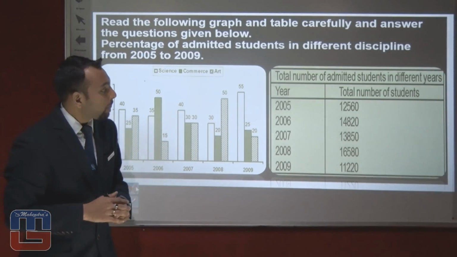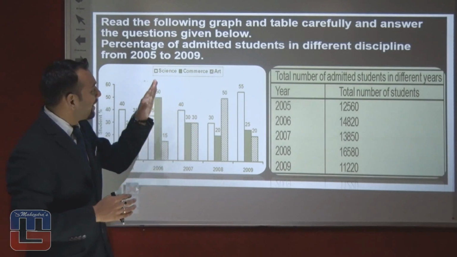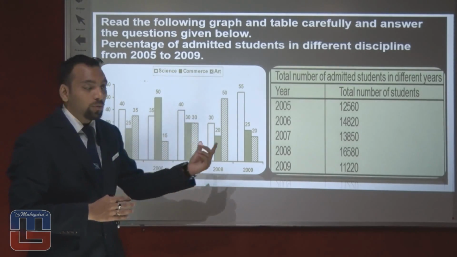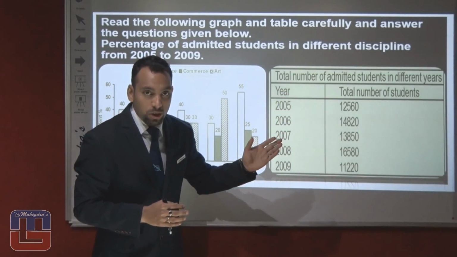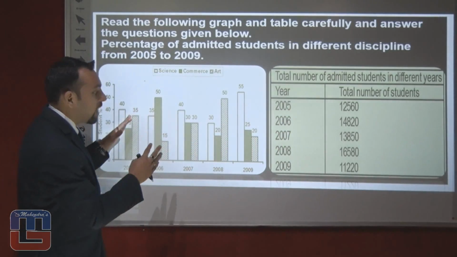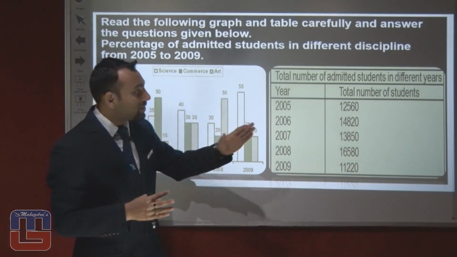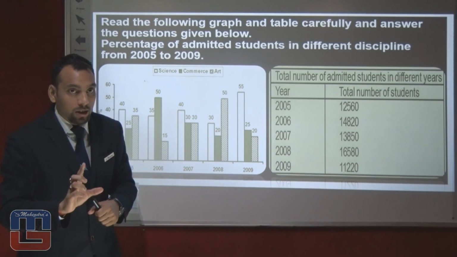How will we solve? Now see, this is the number of students in science, commerce and arts from 2005 to 2009. This graph shows the percentage of students, and this table shows the total number of students.